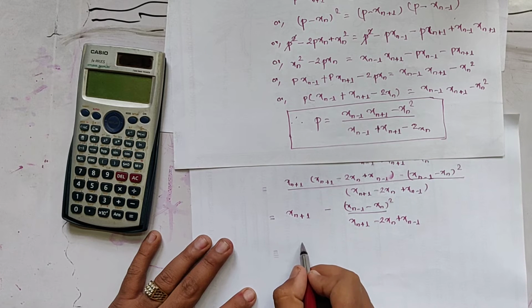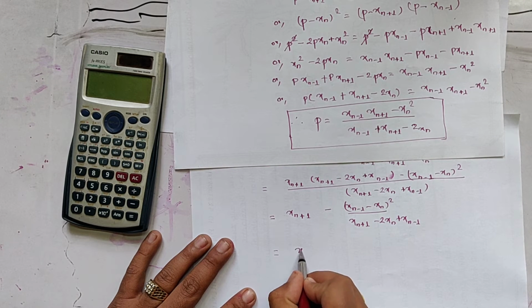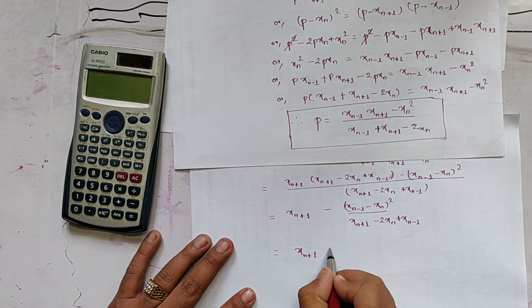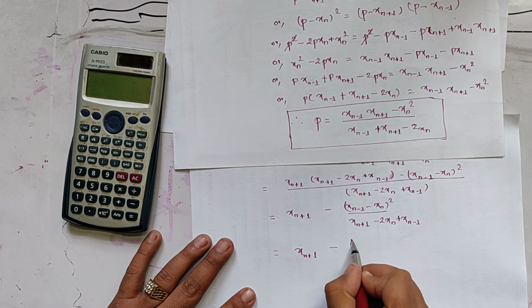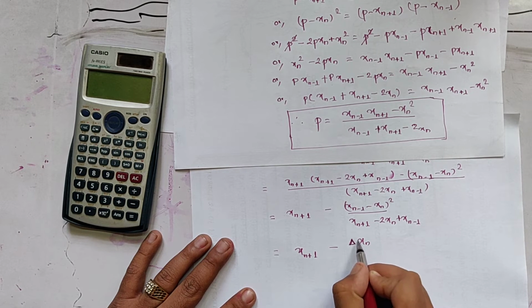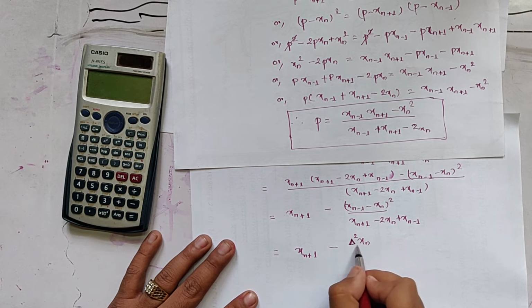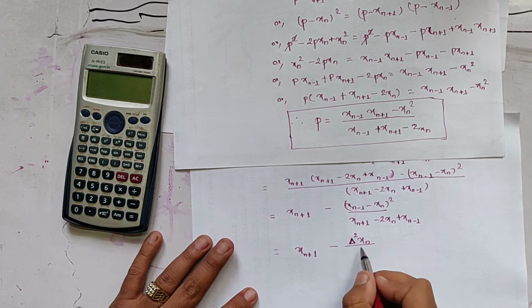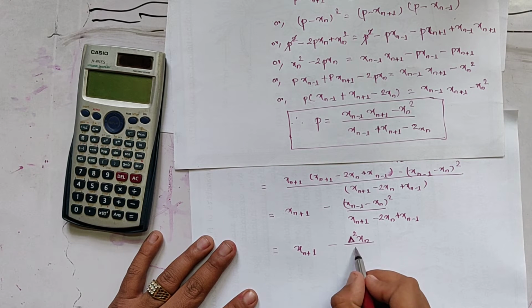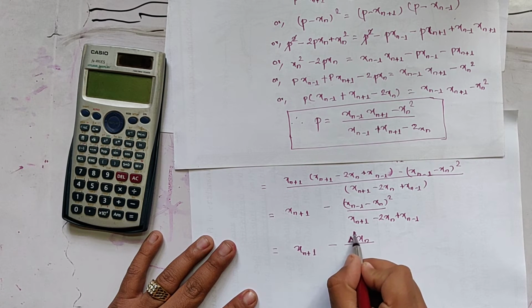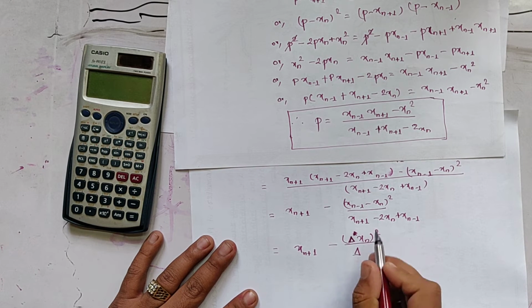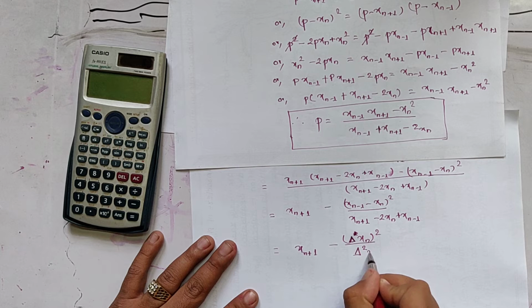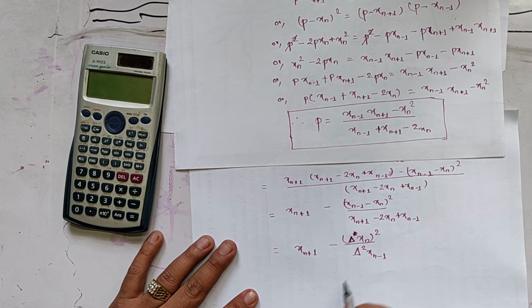It can be written in simpler form: xn plus 1 minus xn minus 1 minus xn is delta xn, so that is delta xn, divided by delta square xn minus 1.